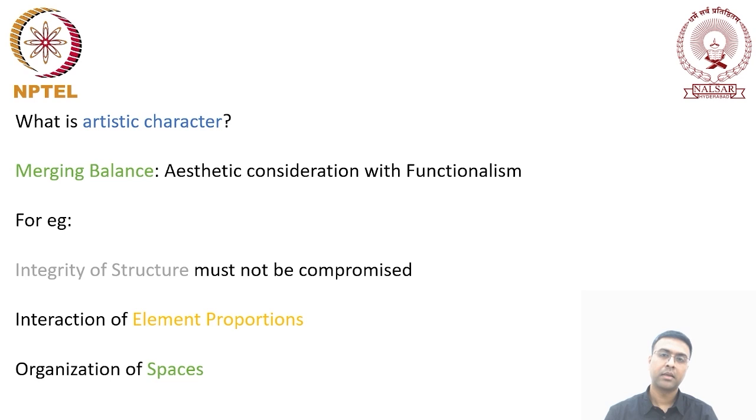But what exactly is artistic character? This has not been explained within the scope of the UK Copyright Act or the Indian Copyright Act. But what we find is that our reasoning tells us that a building has to abide by certain structural integrity considerations.